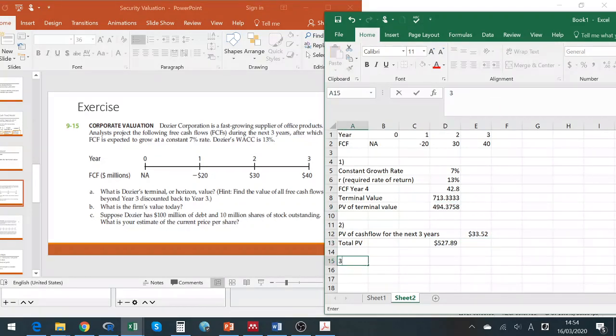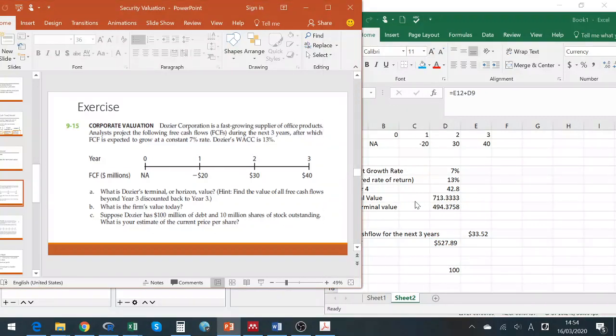Next, it says suppose Dozier has 100 million of debt and 10 million shares outstanding. So they have debt, 100, in millions.